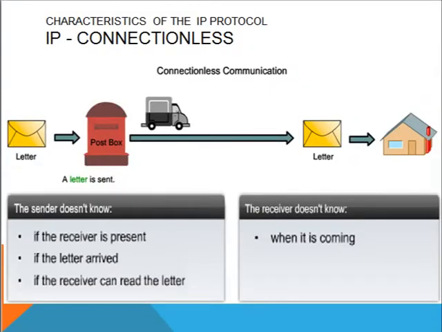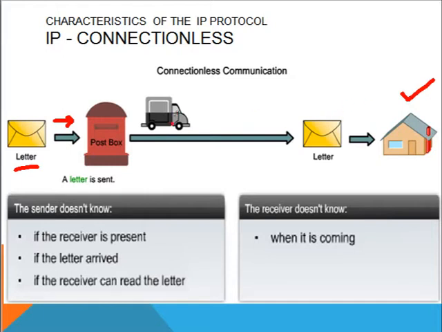So let's take a look at what we mean by IP connectionless communication. Assume you have a scenario where you have to send a letter to a destination. When you put a letter into the post box, you allow the postman to choose different ways to send your letter to the destination.